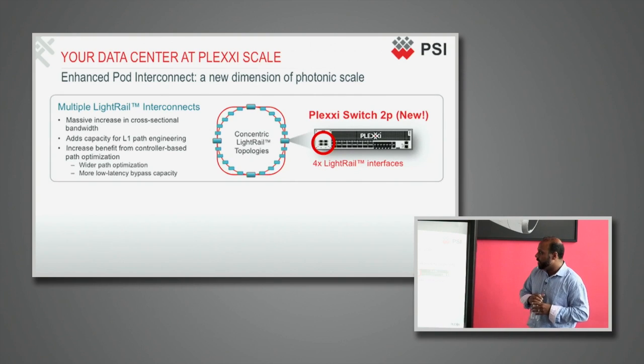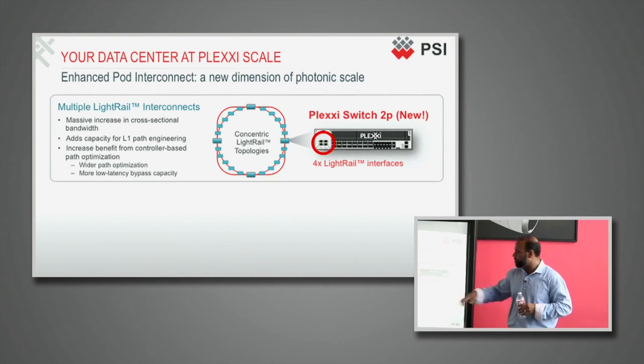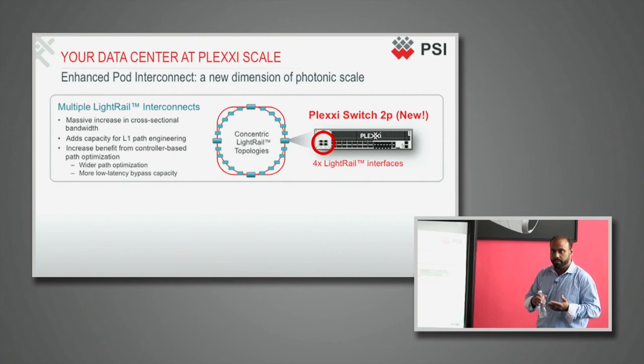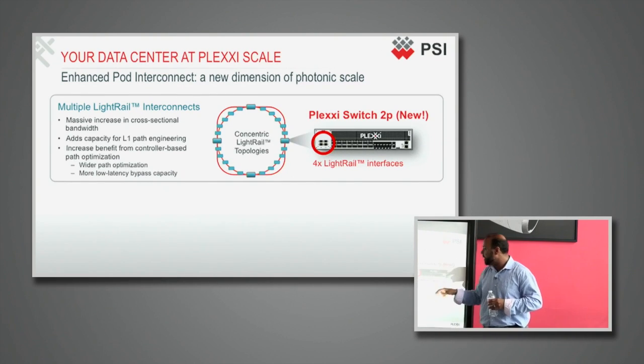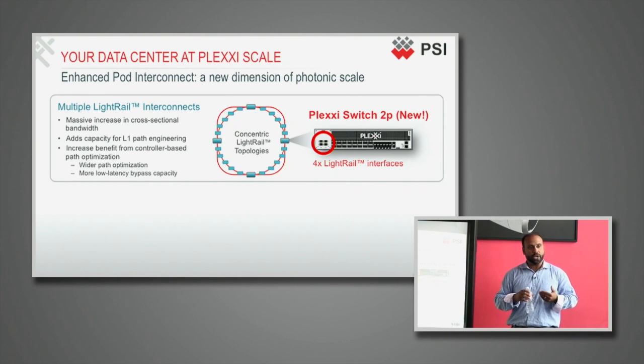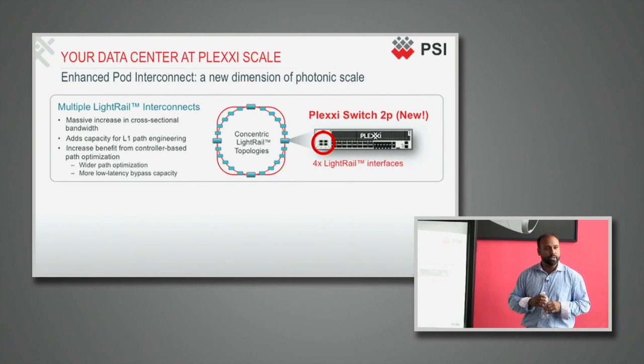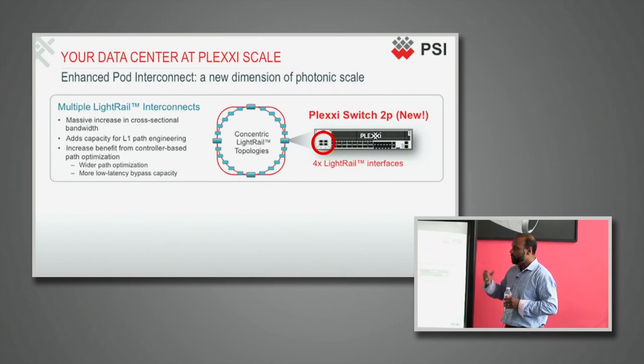If you think about this, and just for simplicity, draw a ring, because logically, even the PSI looks like a ring. If you want to take that ring and add more capacity to it, you can have this notion of concentric topologies on top of that physical topology. These big blue circles are this new Switch 2P, which can be on that first ring and also create its own separate ring around that with additional capacity.